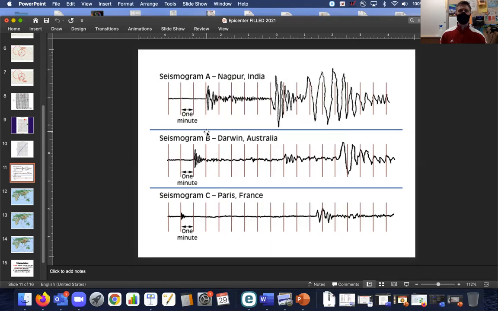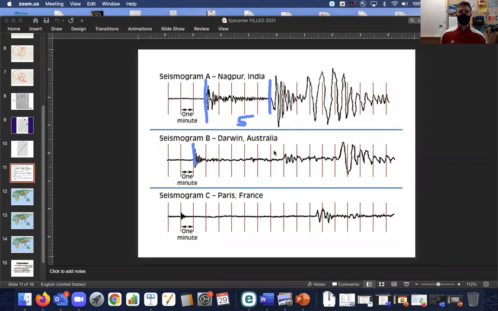So here we have 3 seismograms. Here would be the first P wave. That would be the first S wave. So we have 1 minute, 2 minute, 3 minute, 4 minute, 5 minutes. 5.